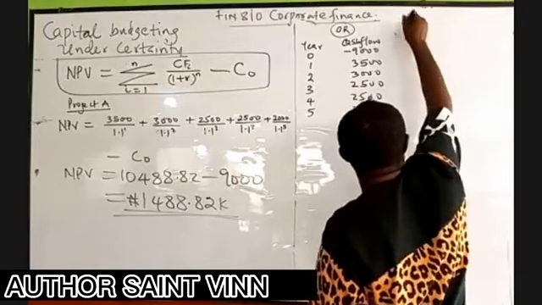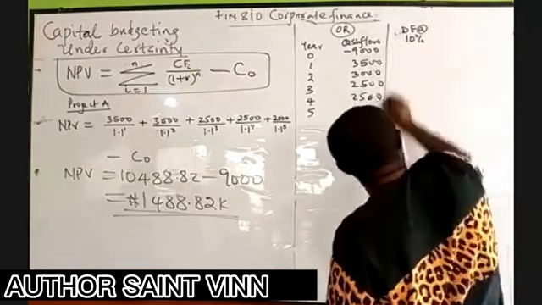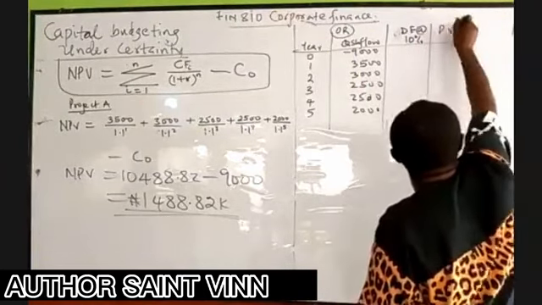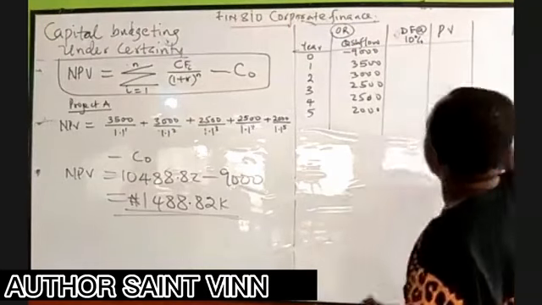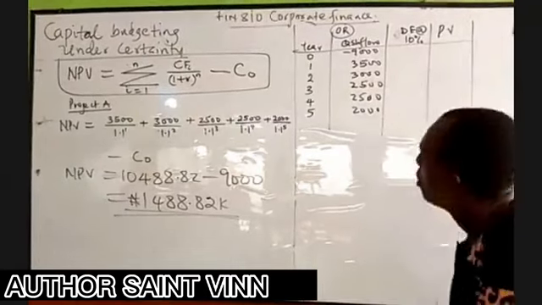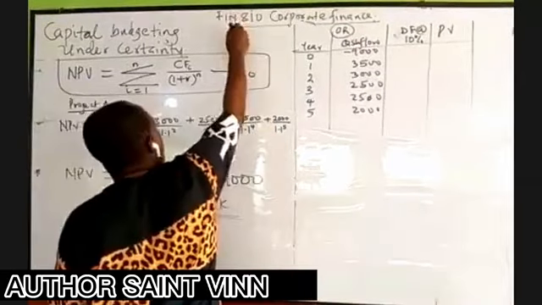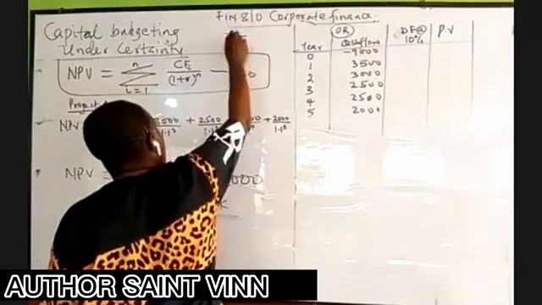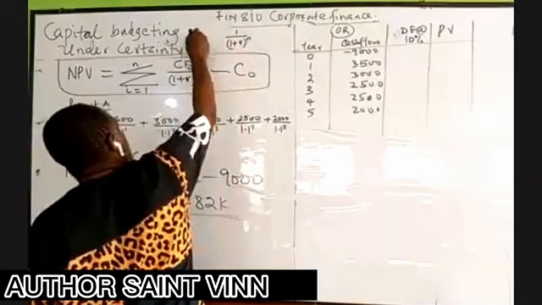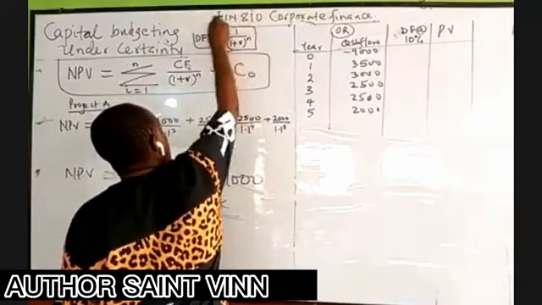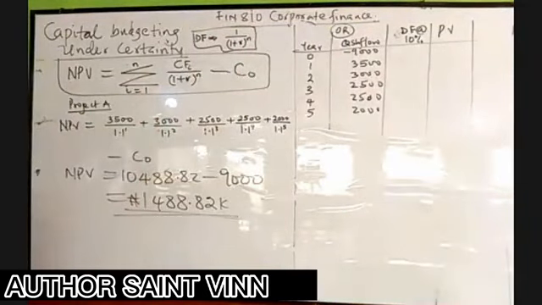You now have a column. This is discount factor at 10 percent. This is a column. Another one is present value. What we are simply doing here is our formula that we all know: 1 plus R, all raised to power N. That's our discount factor.